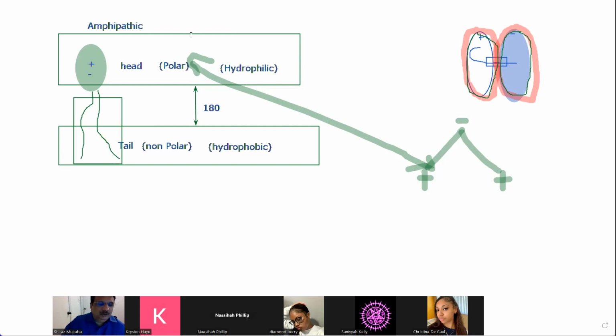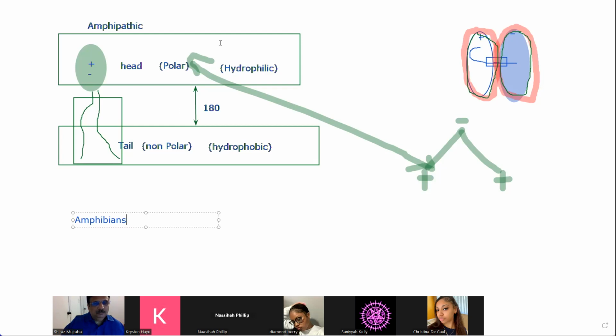Just for the sake of an example, frogs are called amphibians. They have dual characteristics. They can live on land, terrestrial, and they can also live inside water, aquatic. So they can survive in both worlds.